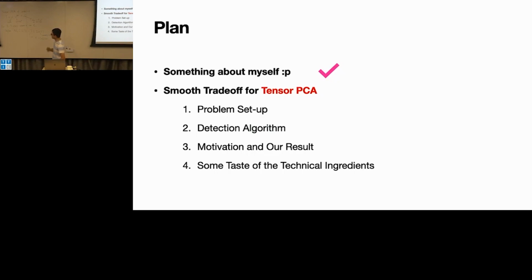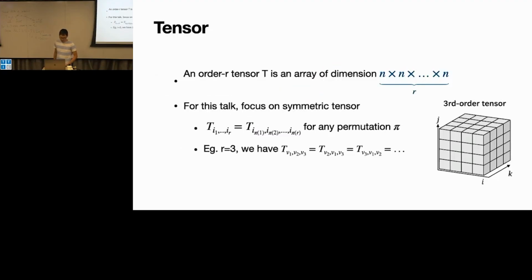Today's talk is about a smooth trade-off for Tensor PCA. Let me tell you about the problem setup. What's a tensor? In this talk, we are going to consider an order R tensor. It's just an array of dimension n by n, and there are many of them. We are going to focus on symmetric tensors.